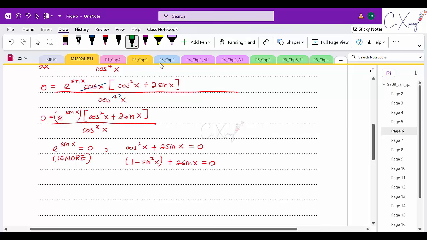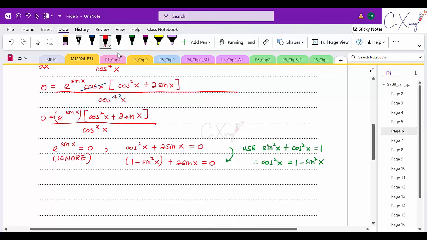So for your information, from here until this step, I'm using the basic identity, sine square x plus cos square x equals to 1. And therefore, your cos square x is equals to 1 minus sine square x.